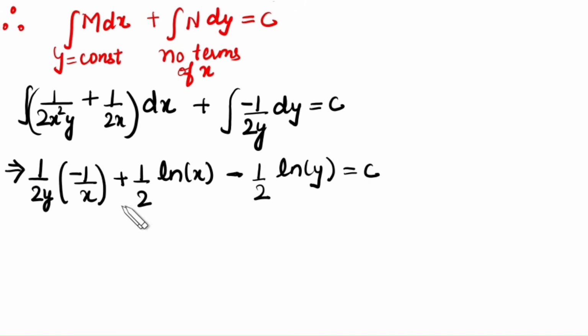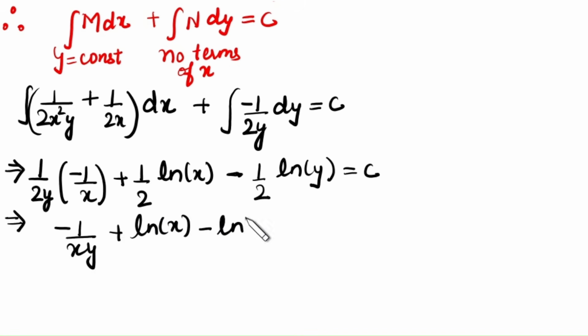Now check it, in each term we have 2. We can take this 2 with the constant and rewrite it as −1/(xy) + log x − log y = 2 times the constant, which can be written as another constant, let it be c1.